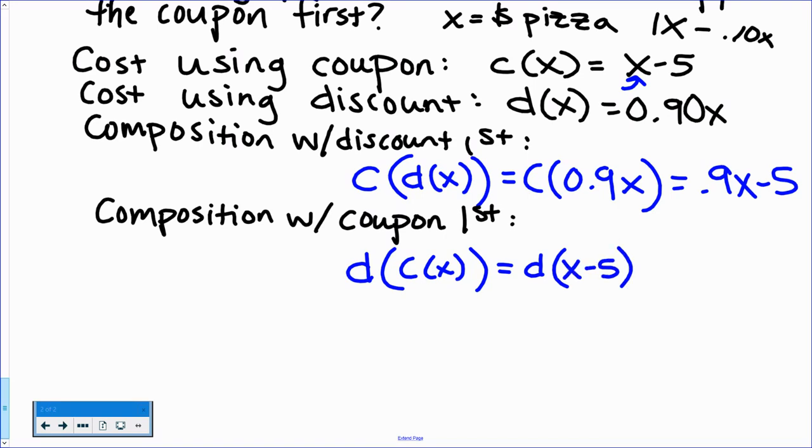So that means I'm taking the $5 off first. The one above, I took the 10% discount off first. Okay, so that means I need to replace the x in my discount function with, instead of x, it's going to say x minus 5. So 0.9 is multiplying x, but instead I'm putting it as x minus 5.